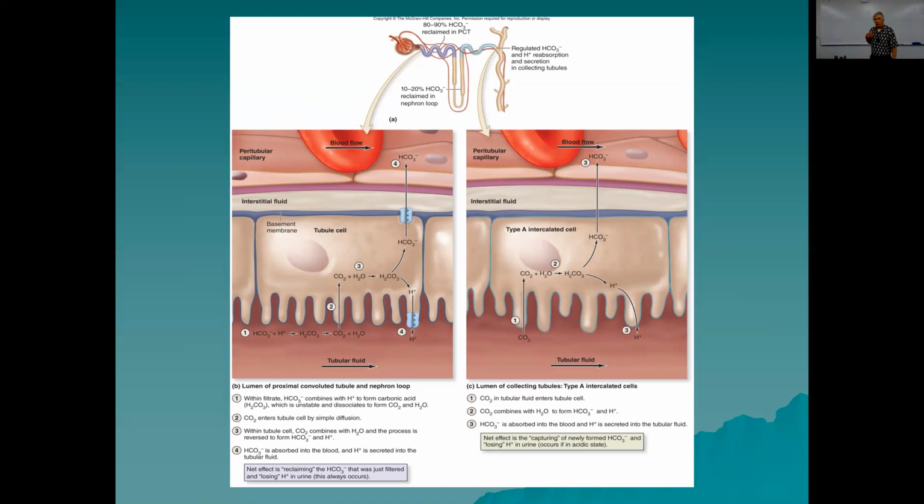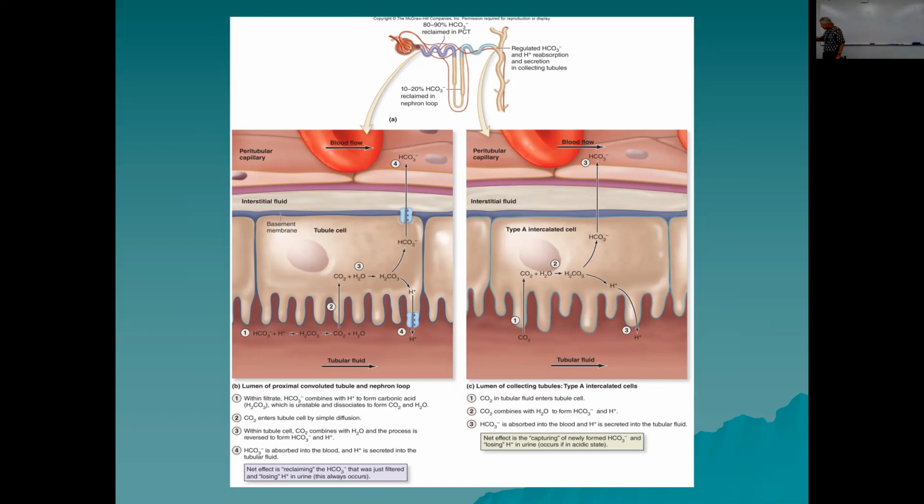Like I was saying, you're not specifically absorbing bicarbonate ion from the tubular fluid. You're absorbing CO2, and that's converted to bicarbonate, and we bring it back to the body and secrete a little bit of hydrogen ion later on, into the type A intercalated cell.